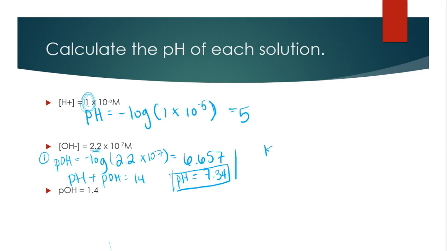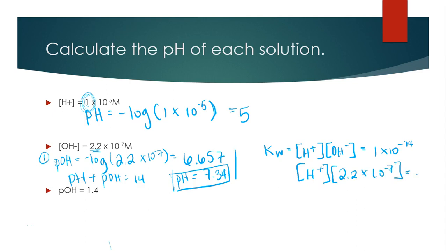The other way is using your reference table. You see that Kw is equal to the concentration of H plus times the concentration of OH minus, and that equals 1 times 10 to the negative 14th. I could plug it in here. It's 2.2 times 10 to the negative 7th, and that equals 1 times 10 to the negative 14th.